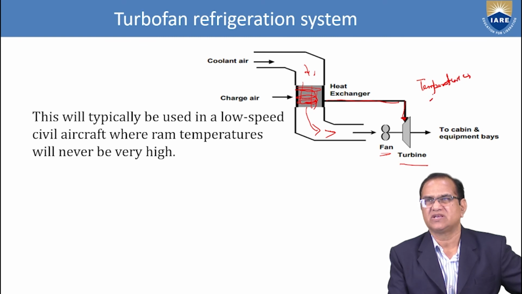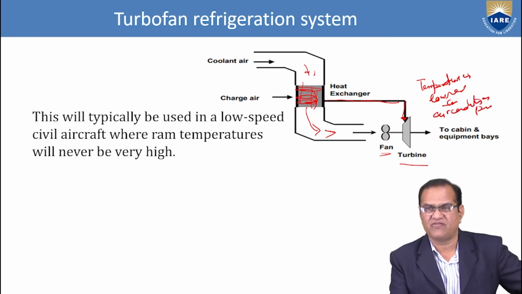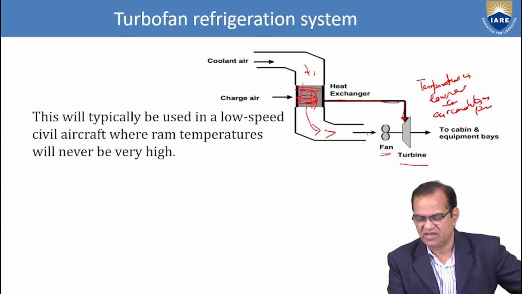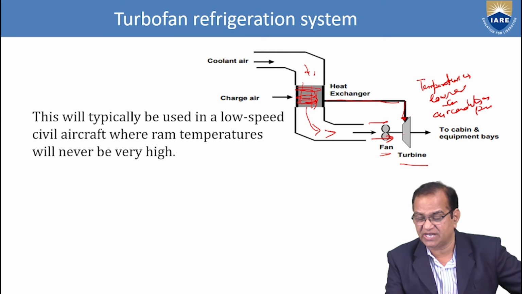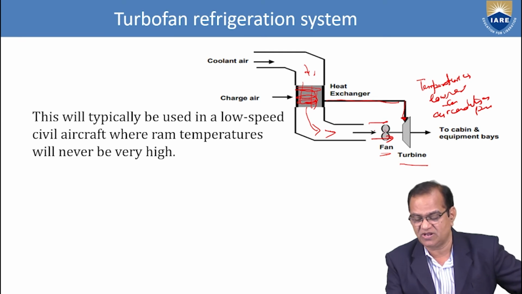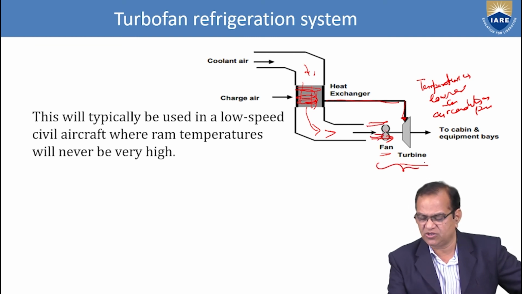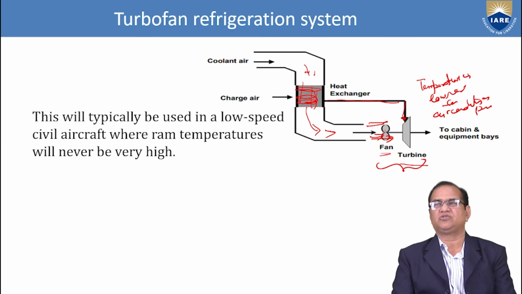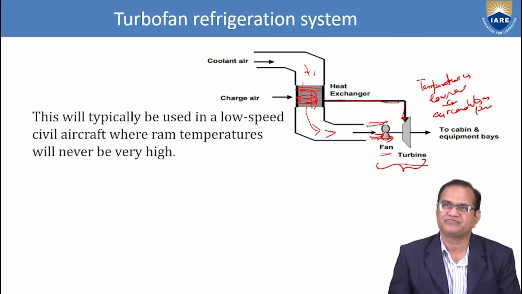Temperature is lowered for air conditioning purposes. And here is a fan, and this fan makes the air blow in this direction. The turbine is rotating this fan, and this will create a suction here. So in this way, both are utilized. The energy which is used is utilized for both the systems.